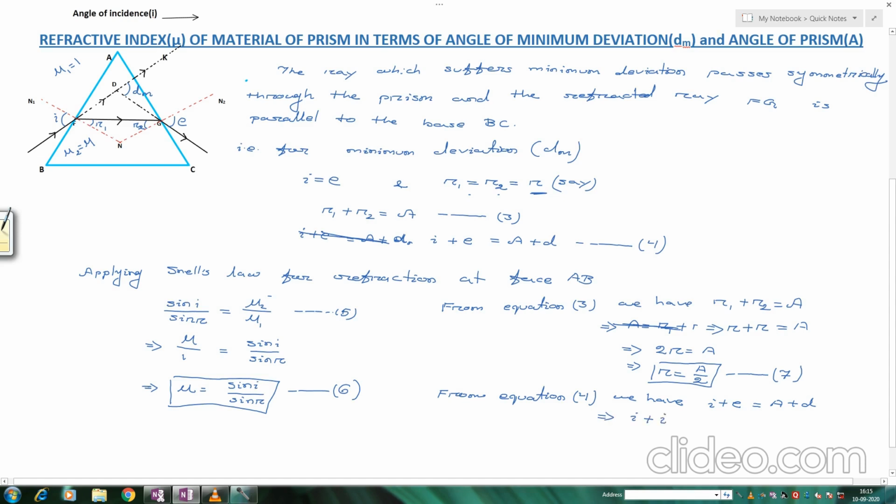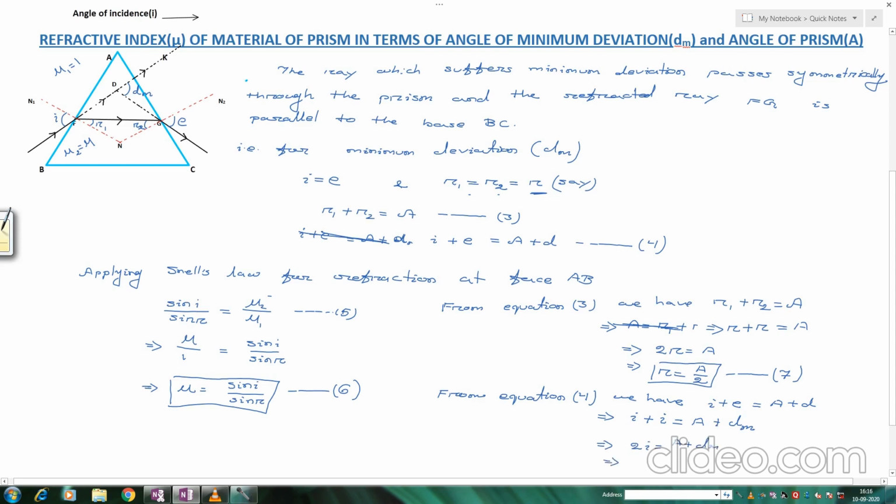So instead of E, we have written here I. So I plus I is equal to A plus dm, the angle of minimum deviation, because for this angle of deviation only I is equal to E. So from this we can write 2I is equal to A plus dm.